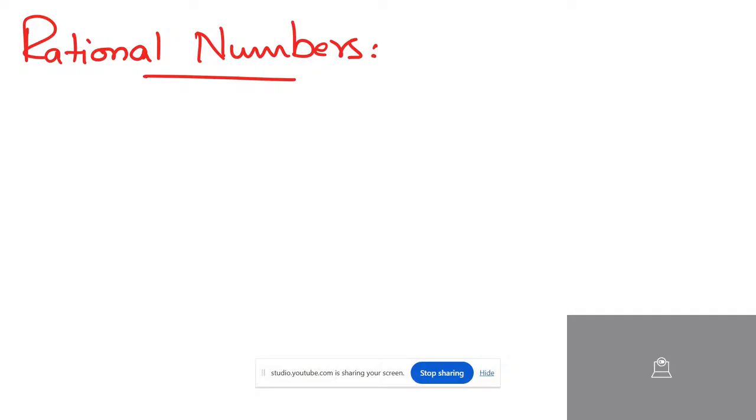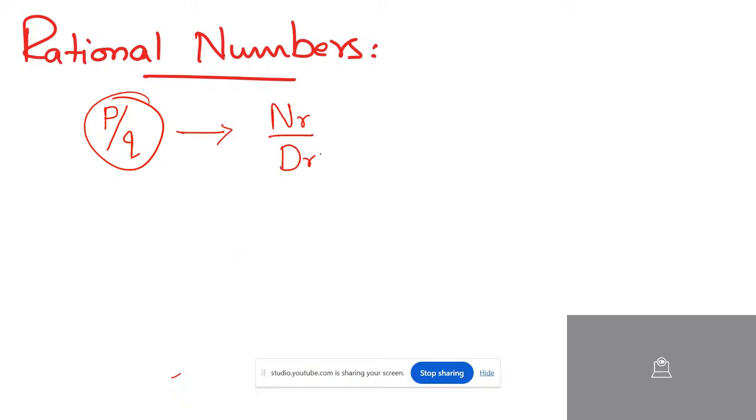Rational numbers are the numbers which are in the form of p by q. What is p by q? Numerator by denominator. Where p and q are integers.